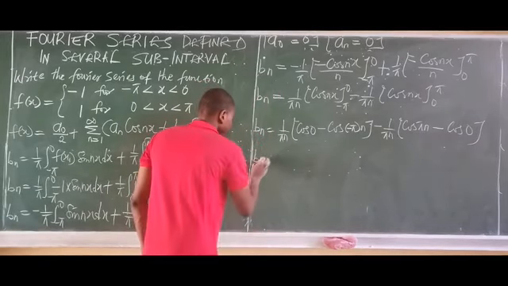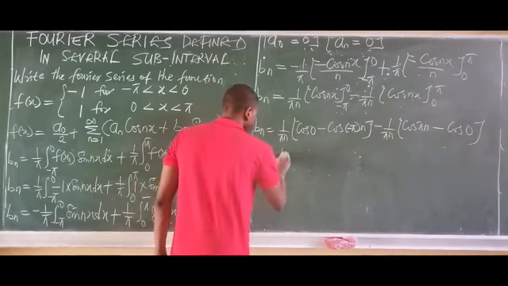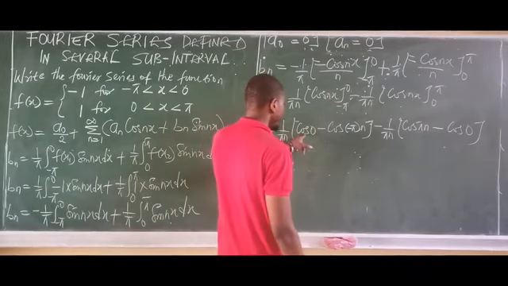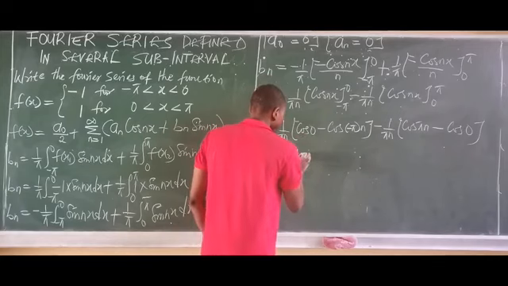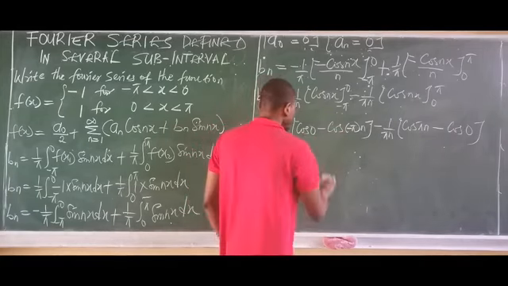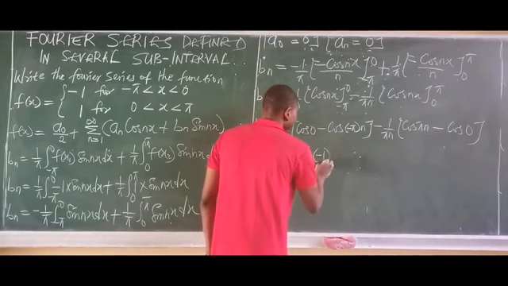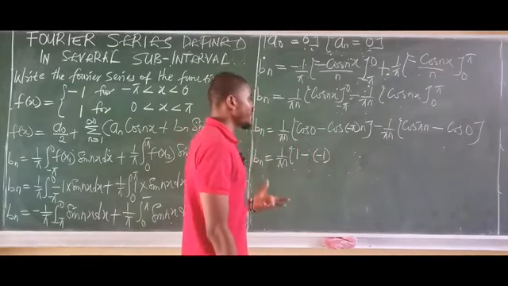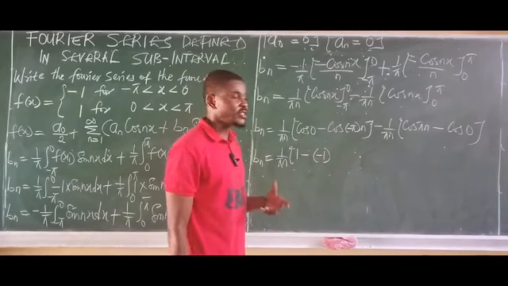So bn is equal to 1 all over pi n into cos 0 is 1 minus cos minus pi is actually minus 1. Take note, I've said in front of a trig function, pi appears as 180 degrees.